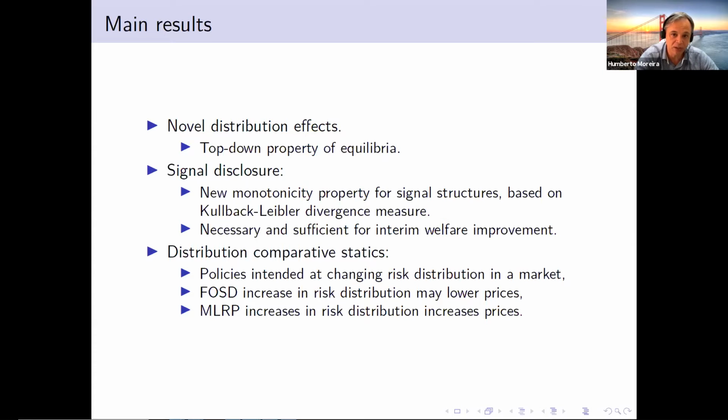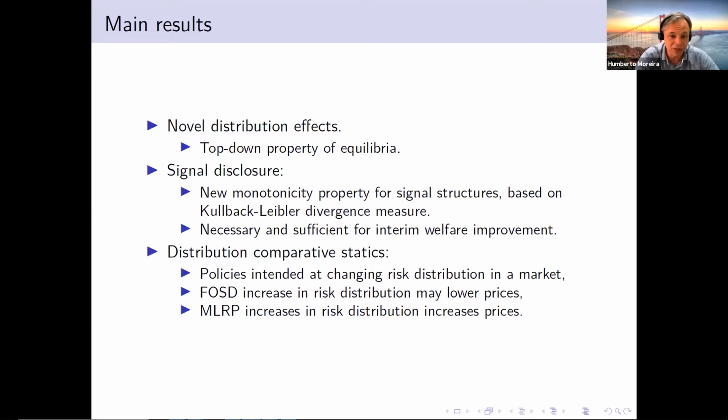So the key point here is to show that how you measure the risk, how you compare the risk distribution, is key, right? If you use a first-order stochastic dominance definition, then that's not going to lead you exactly to the answer: the higher distribution in terms of first-order stochastic dominance is not always going to be worse for the insurers.